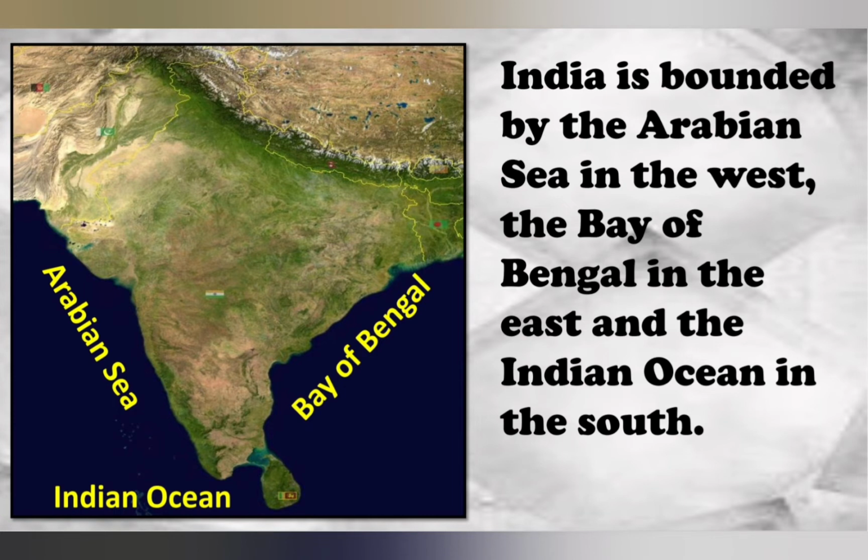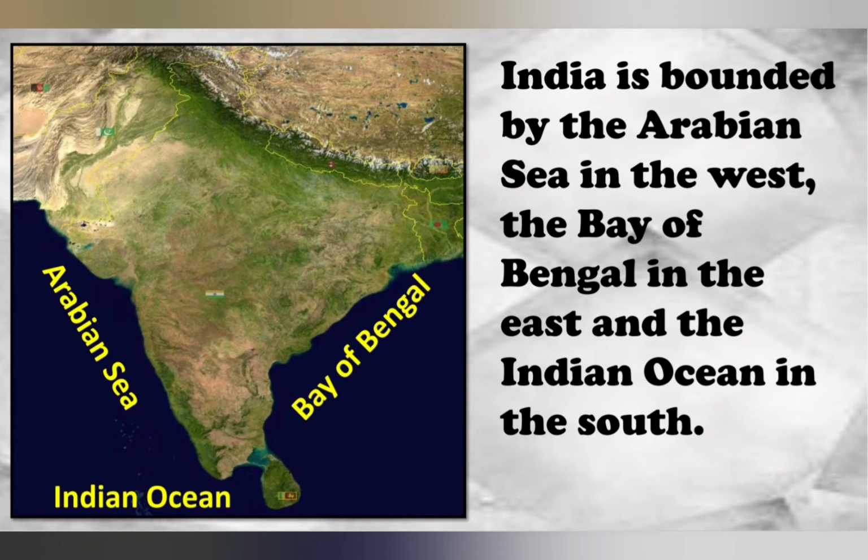Here are the water bodies that bound India. India is bounded by the Arabian Sea in the west, the Bay of Bengal in the east, and the Indian Ocean in the south.